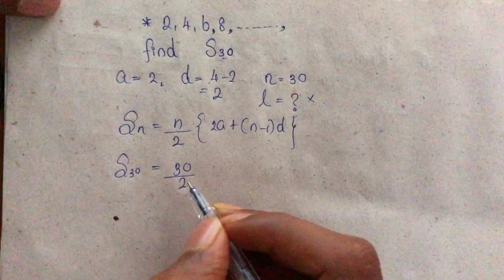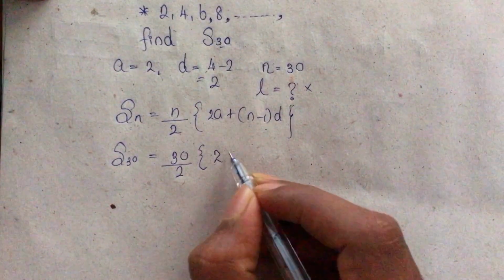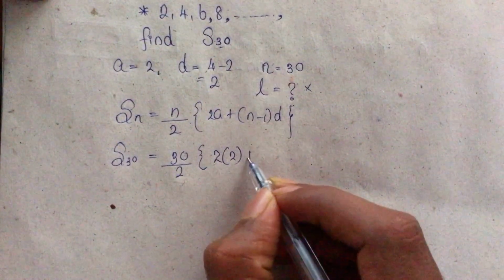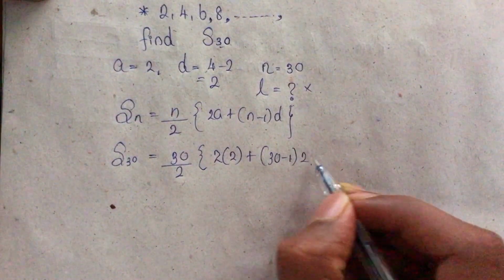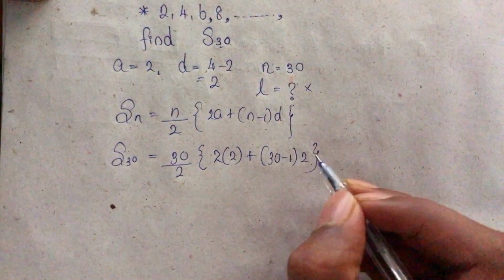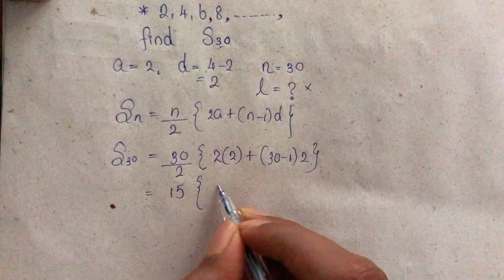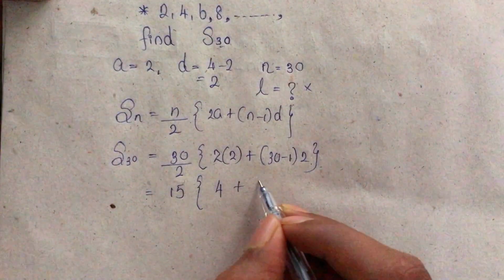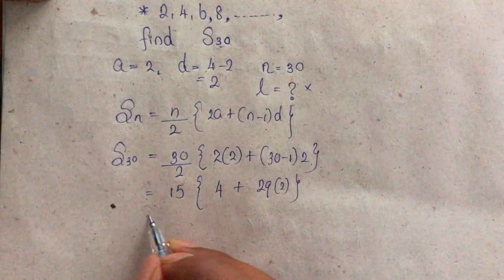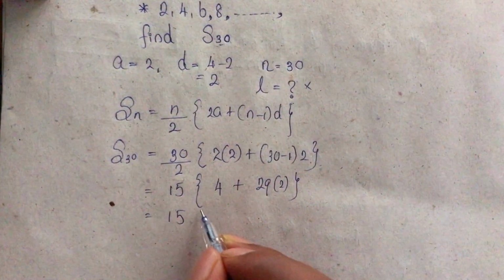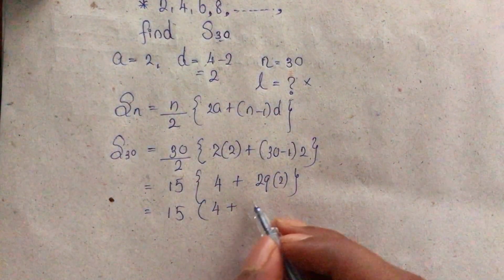n is 30 over 2, and a is 2, so 2 times 2 plus n is again 30 minus 1, d is 2. Then it is 15 into 4 plus 29 into 2, which is 15 into 4 plus 58.